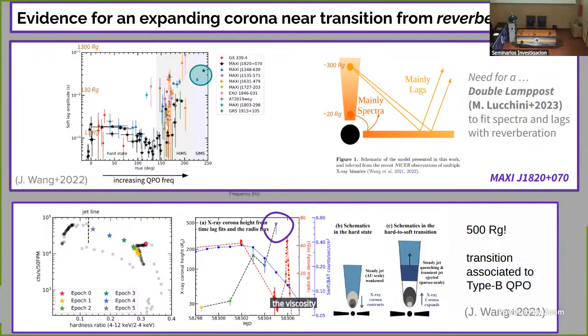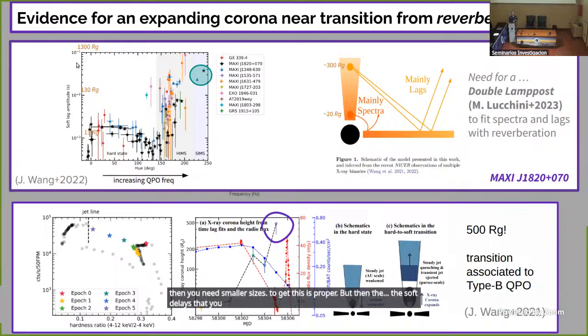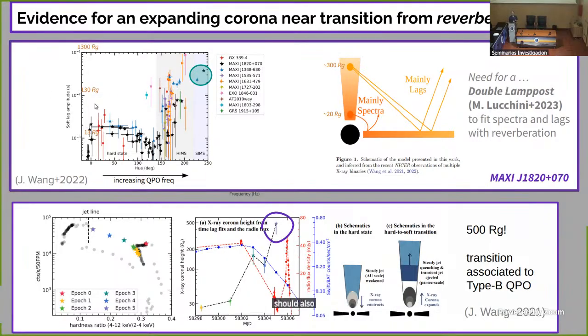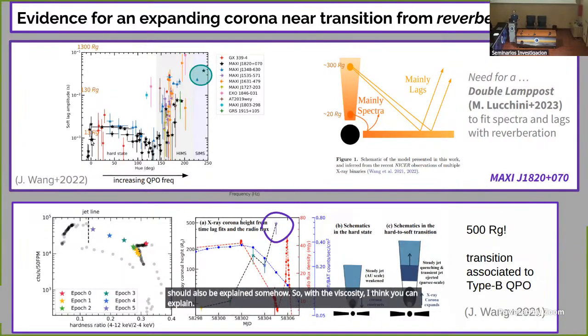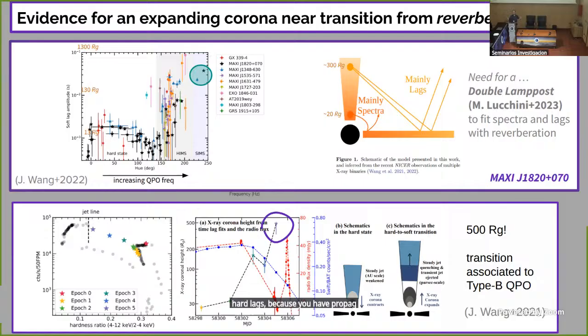If the viscosity is slower, then you need smaller sizes to get this properly. But then the soft delays that you measure here should also be explained somehow. With the viscosity, I think you can explain hard lags because you have propagating fluctuations. People propose propagating fluctuations through the disk, going from a softer part of the spectrum to a harder part of the spectrum. But then you also need to explain the softness.